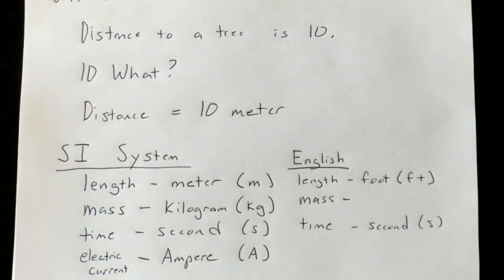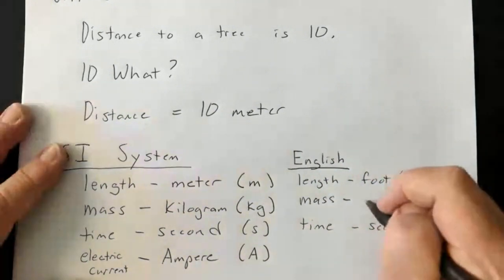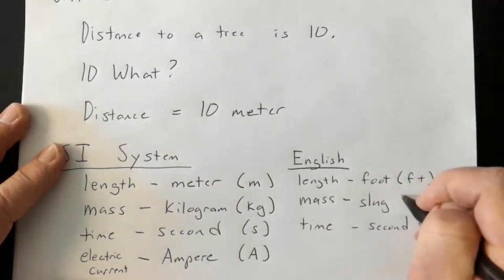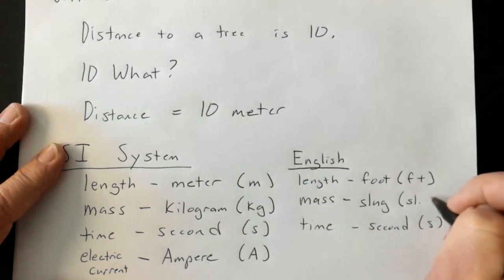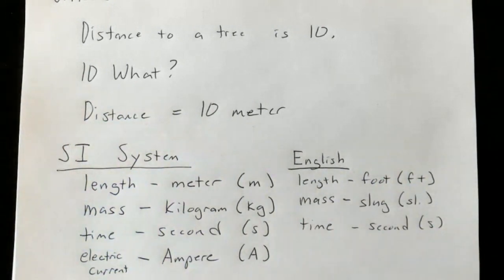The most common answer that people will come to is that it is a pound, but it's not. It is actually a slug. A pound is an English unit, but it is a unit of force.